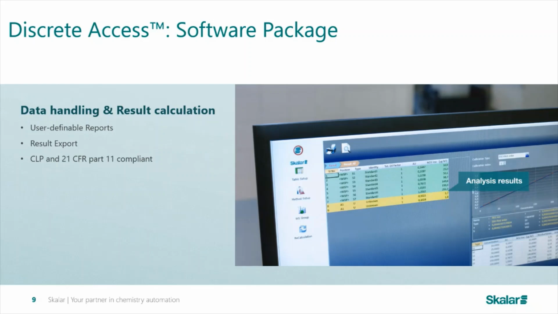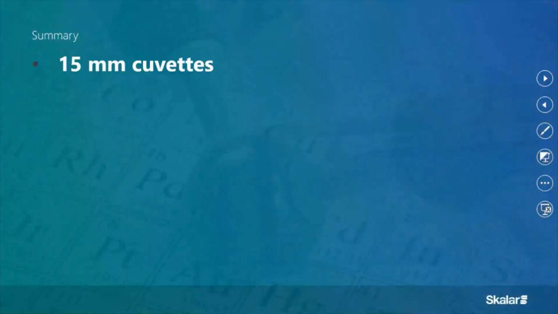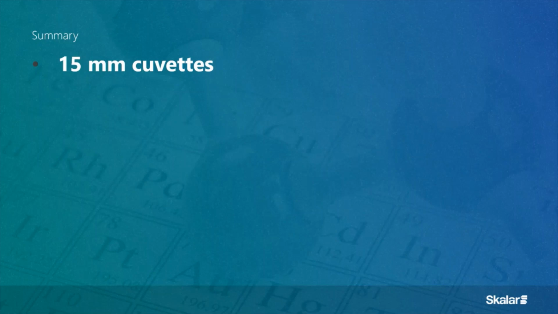So I'm now going to begin my summary of the features that we've seen that make the Bluvision a very, very solid choice for analysing nutrient parameters at trace level. I think the most significant of these is our unique 15mm cuvettes, which give us that additional sensitivity to allow us to detect sub ppb levels and therefore to quantify reliably at trace levels.